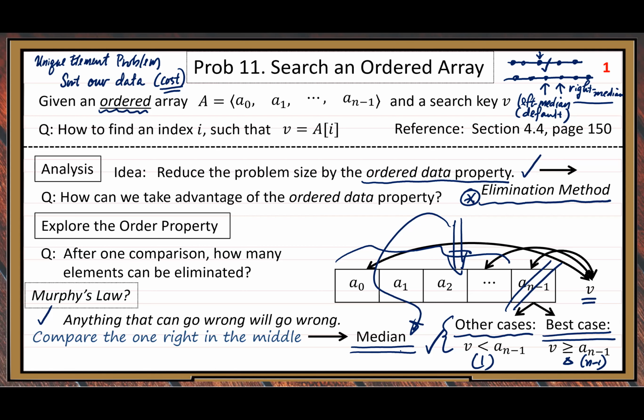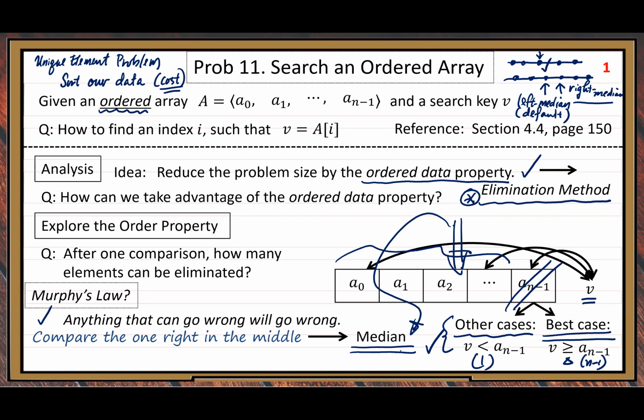Either the left case or the right case, you can eliminate the same number of elements. It may not be exactly the same, but the difference is only one, up to one difference, sometimes 0, sometimes 1. That is very little, so we can comfortably ignore it.